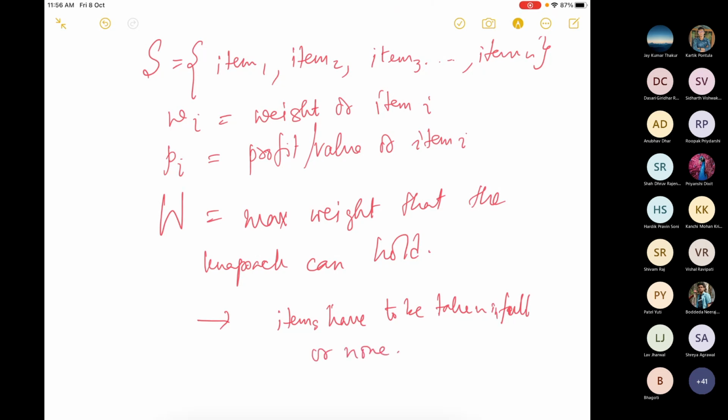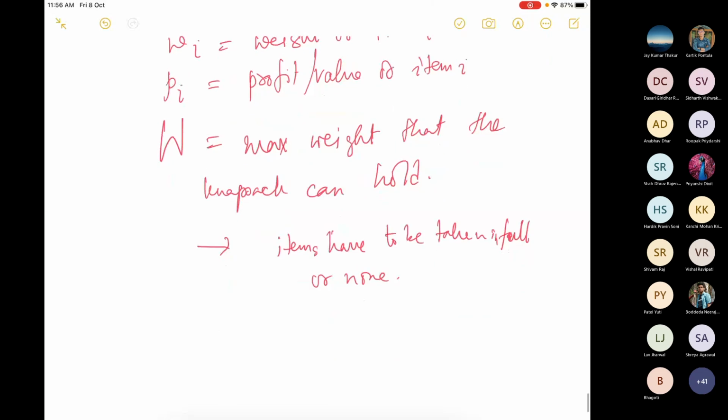You cannot break the item and take it. So these are gold ingots, say, or gold jewelry. Either you take them in full, or you do not take them at all. This version of the problem is called the 0-1 knapsack. So either you take it or you don't.